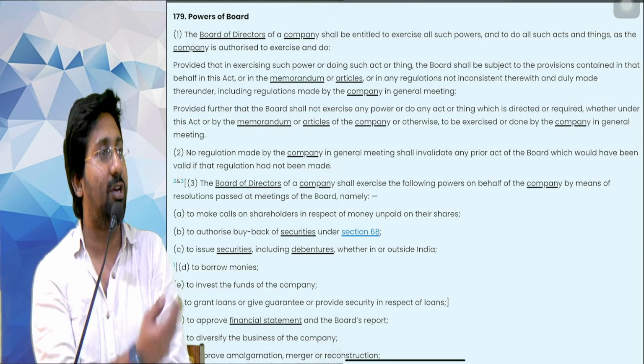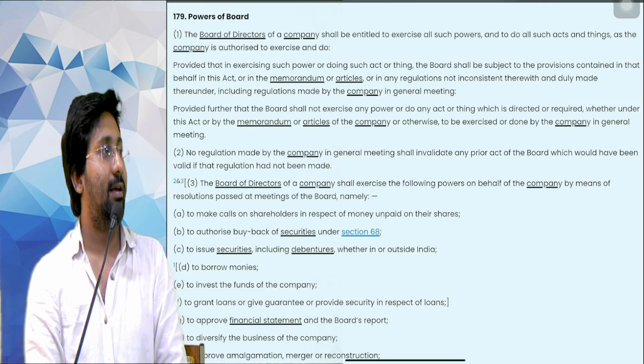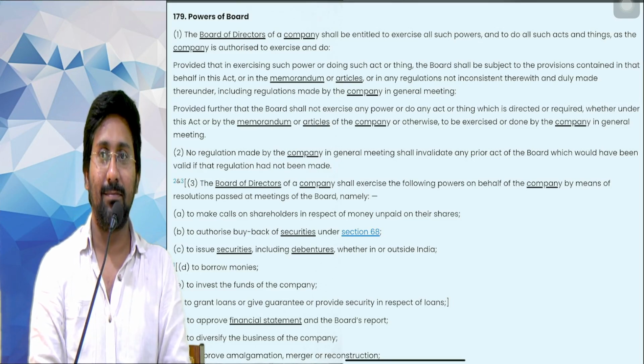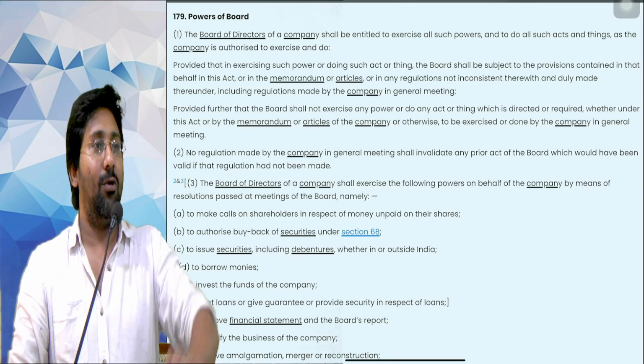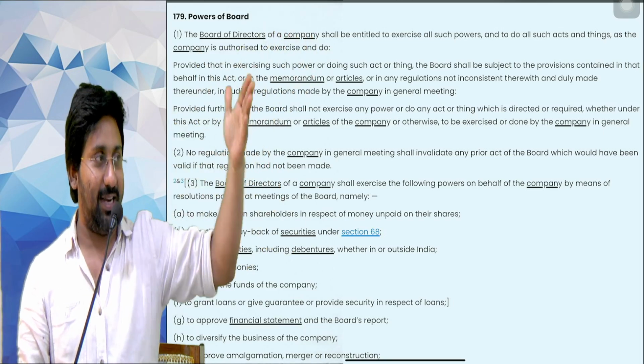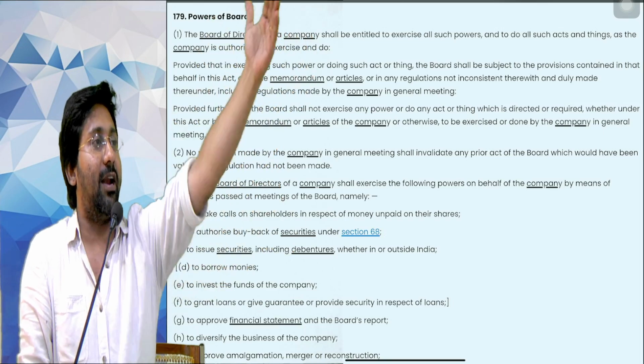What are the powers of shareholders? Sir, okay. Middle, right to my side I am talking about. Middle speaker, right speaker working.